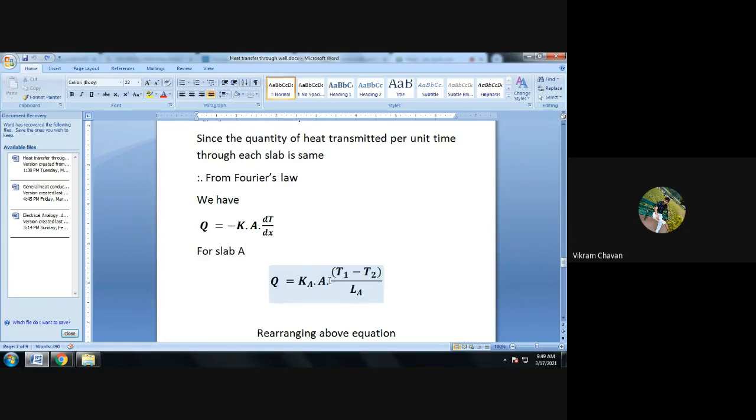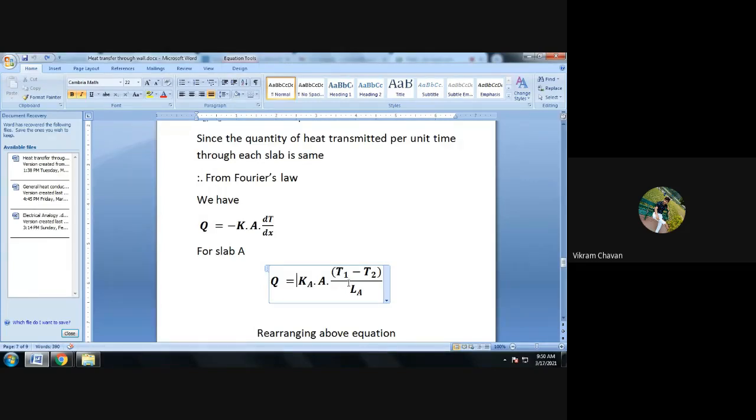that particular area, the area which is perpendicular to heat flow. So area multiplied by T1 minus T2 divided by L suffix A. T1 is the initial temperature, and T2 is the next temperature. Here we have not provided a negative sign because this negative sign is absorbed inside the bracket, as we have discussed earlier, so that T2 minus T1 becomes T1 minus T2.